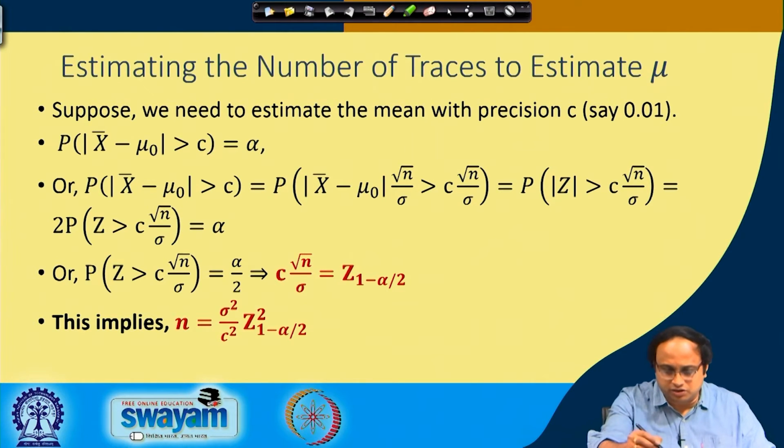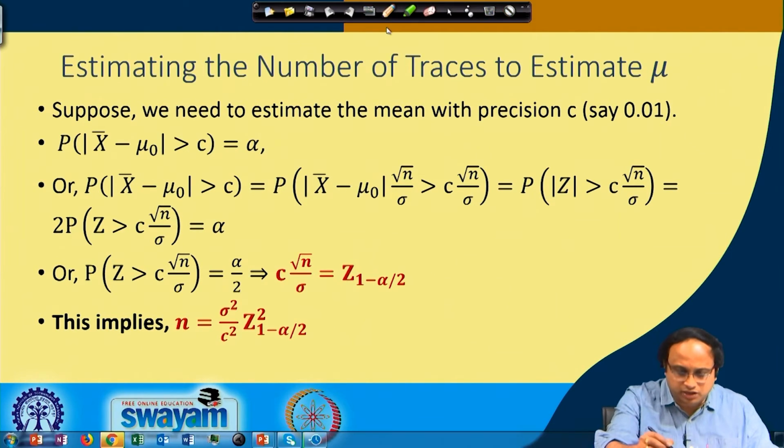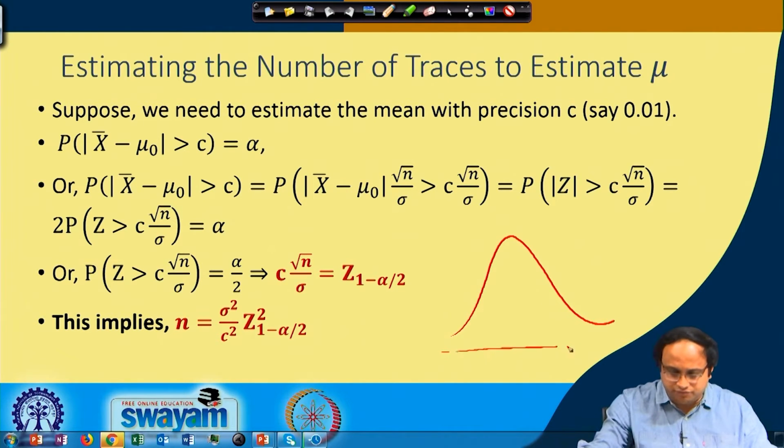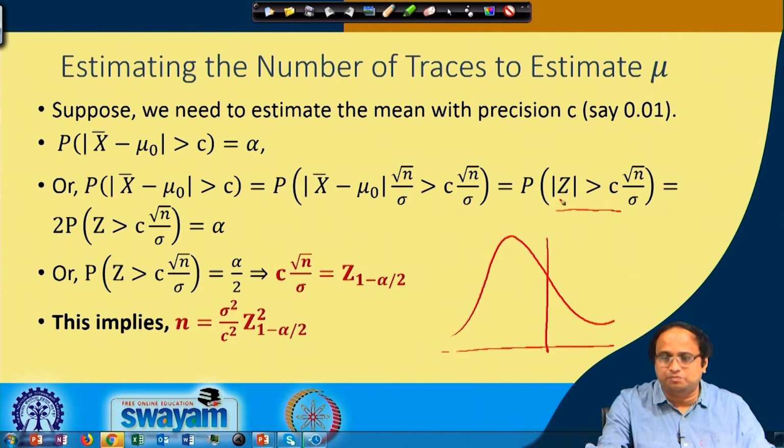Let me try to explain this point. This is your normal curve, and when you say that mod z is greater than this parameter, you are bothered about the absolute value of z being greater than this.